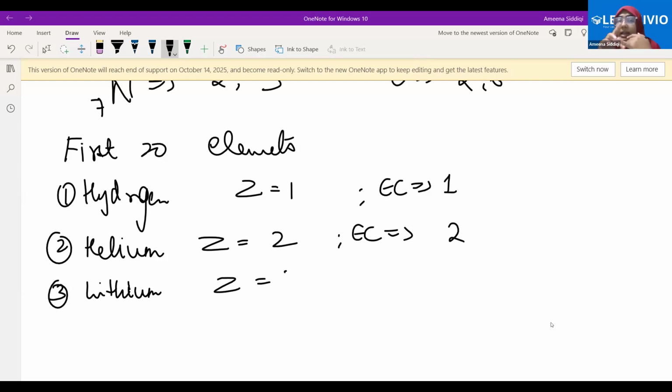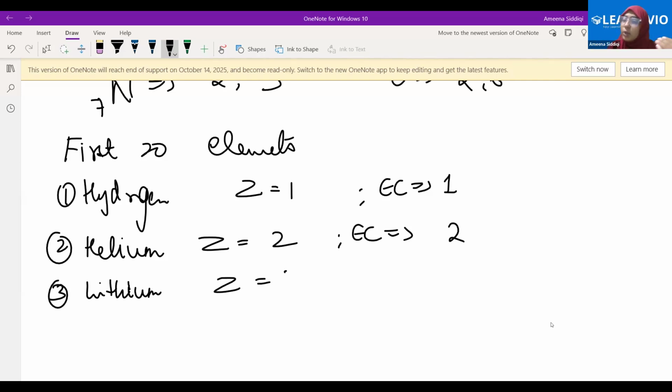A very good question. The point is, we are basically concerned with the electronic configuration. And why are we concerned with it? Because different elements, different atoms will definitely have different electronic configurations, because they have different atomic numbers. Therefore, for the electronic configuration of the atom, we need the atomic number of the atom.